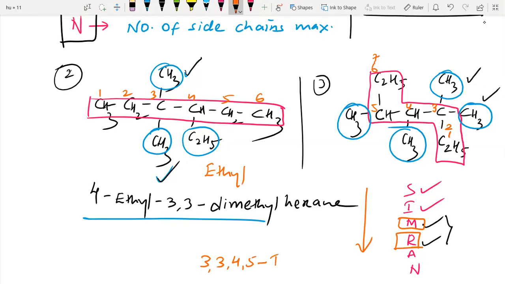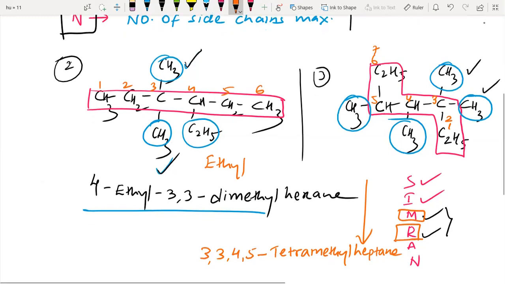Same type is the tetra word, tetra 4, tetramethyl. And after this, how many carbons are there? 7 carbons are there in the chain. So heptane. So the name of this compound is 3,3,4,5-tetramethylheptane.